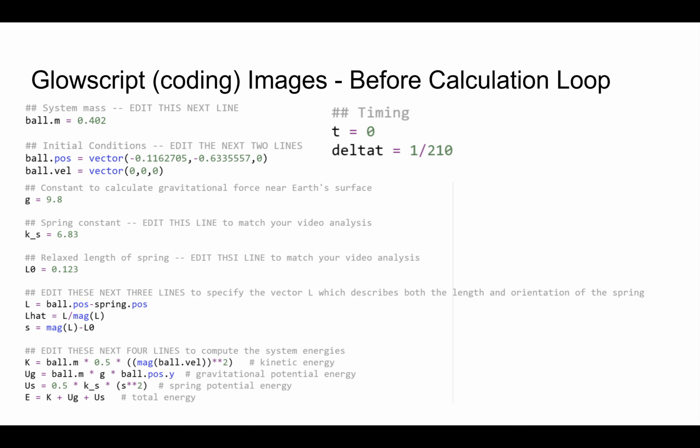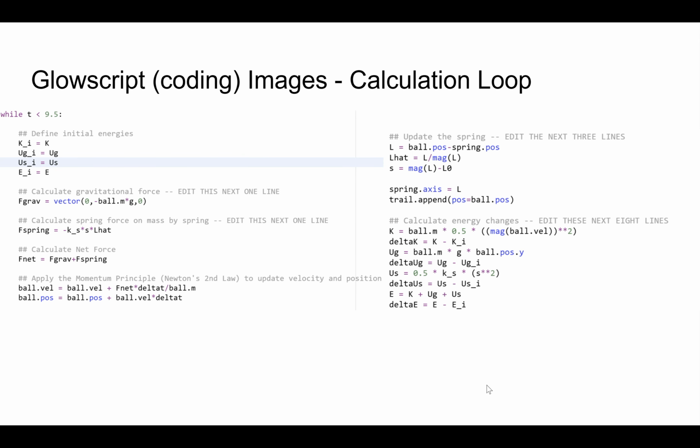Next you can see the formulas for kinetic, the two potential, and the total energies. Inside the calculation loop, all of the energies are set as initial energies, and then you can see the force due to gravity, and since it's only the y coordinate, all the numbers are in the y position.